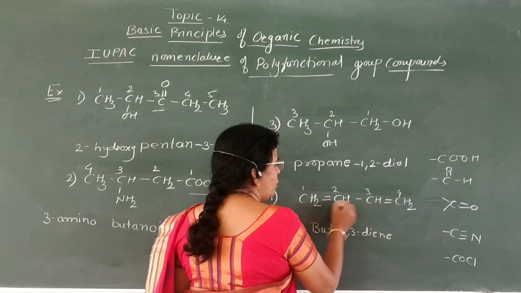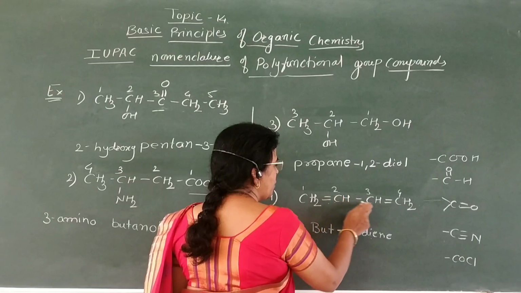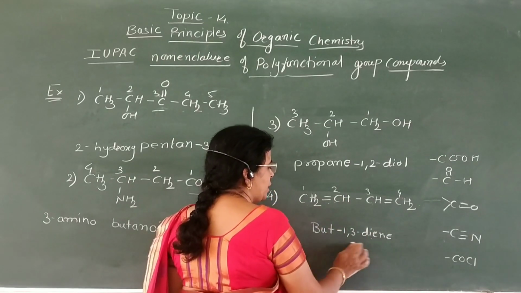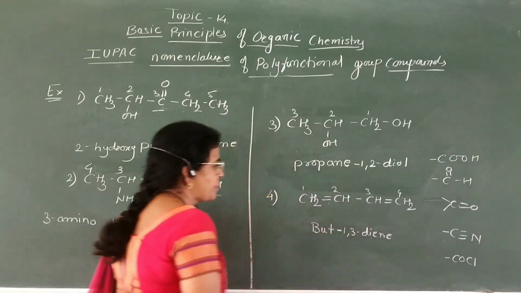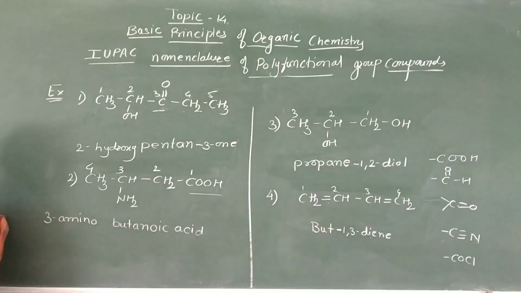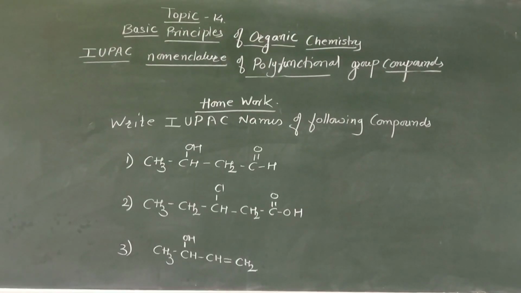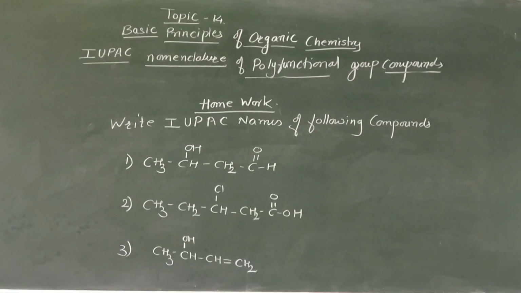Di stands for 2 double bonds. 1,3 is the position of these double bonds, therefore name of this compound becomes buta-1,3-diene. In this way, IUPAC names for polyfunctional group compounds are given. Now homework for you. Write IUPAC names of the following compounds.